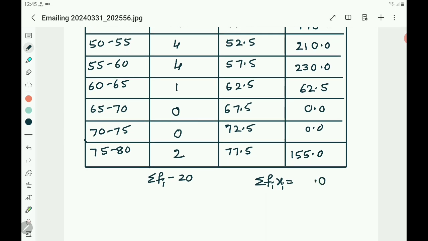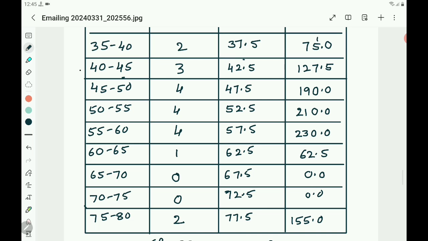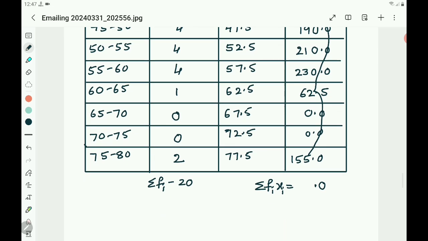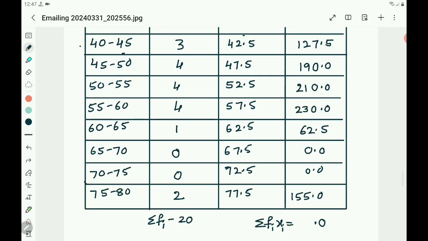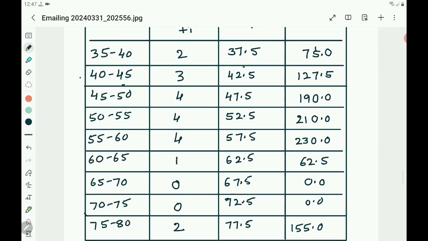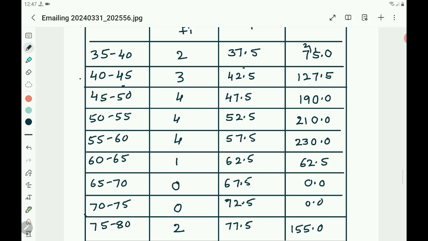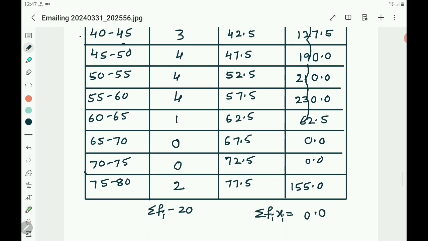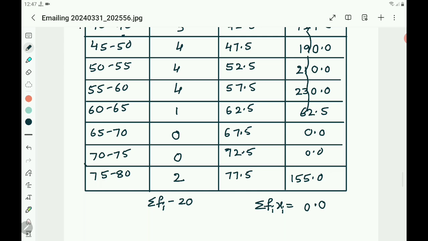Next, 1 carry. 5 plus 1, 6. 6 plus 7, 13. 13 plus 2, 15. 15 plus 5, 20. 2 carry. 2 plus 7, 9. 9 plus 2, 11. 11 plus 9, 20. 20 plus 1, 21. 21 plus 3, 24. 24 plus 6, 30. 35.